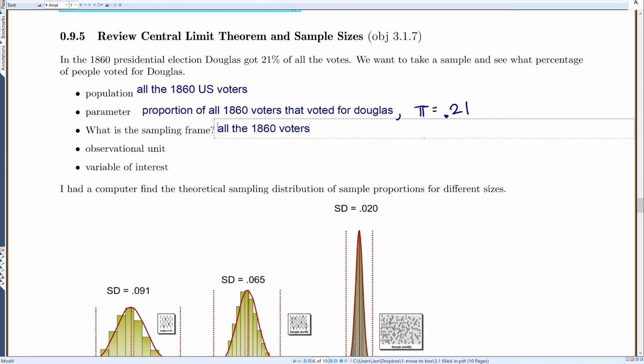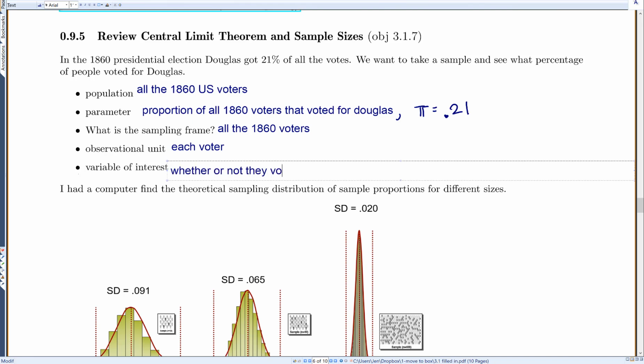The observational unit would be each voter. The variable of interest, well, what did they ask them? What was the question? It was whether or not they voted for Douglas. Now, really, they probably asked them who did they vote for, but all that we actually recorded for this specific example is whether or not they voted for Douglas, and that would be categorical.